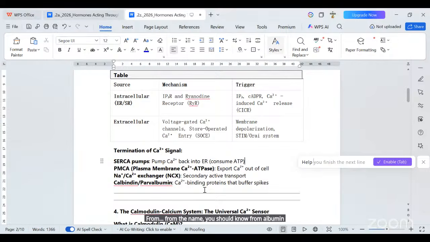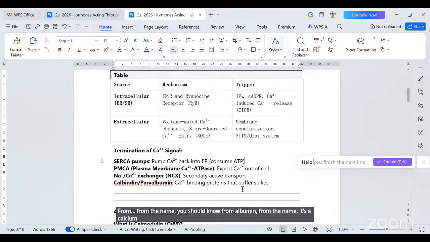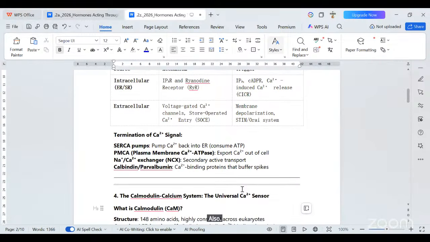It's a calcium binding protein that also mops calcium out of the system. So we have 4 different pathways via which calcium is mopped up. That will show you how much excess calcium must not be left within circulation, because it will do more harm than good.